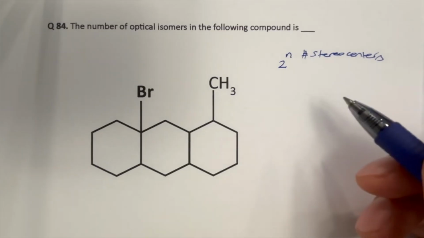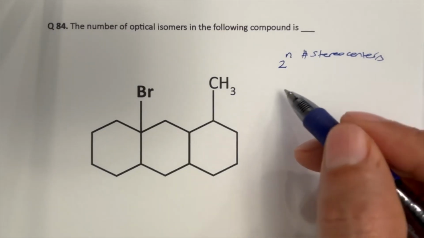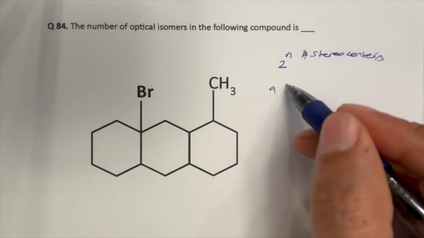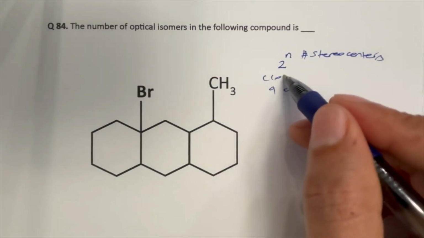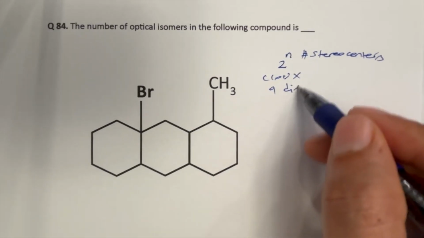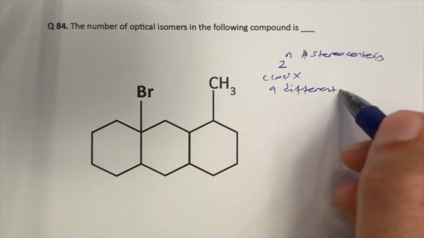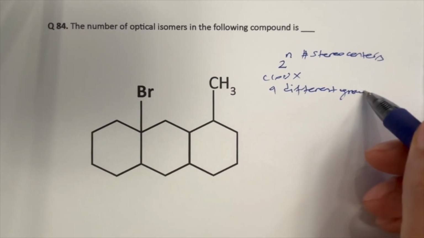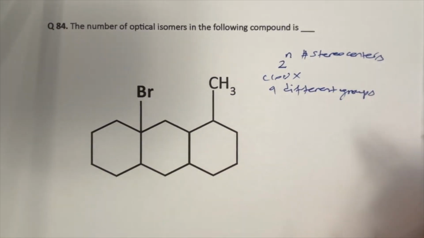When we call something a chiral center, either a carbon or a heteroatom is attached to 4 different groups, then we can say that it is a chiral center. In this case, we are just going to have chiral carbons.